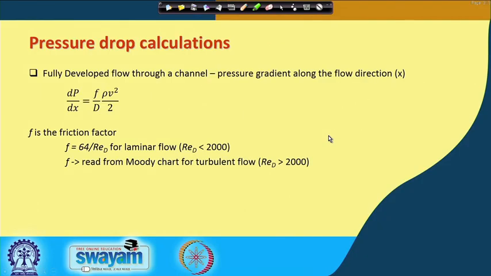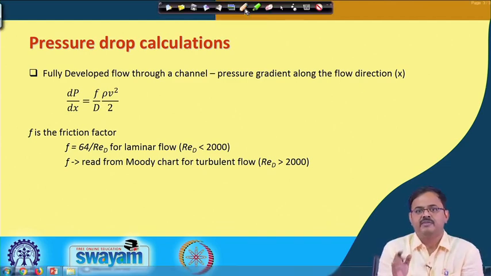All right. So, pressure drop calculations, what is said is, if you consider flow through a channel or a pipe or a duct, the pressure gradient along the flow direction x is given as dP/dx is f/D times rho v squared by 2. So, again remember, what is D?